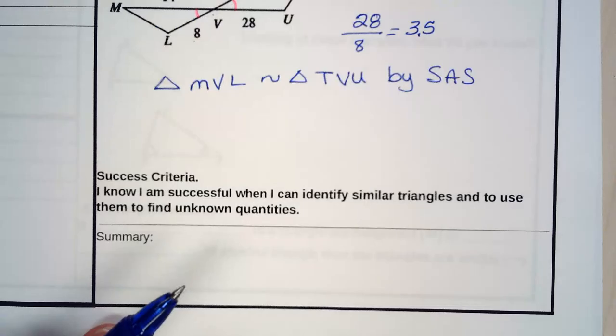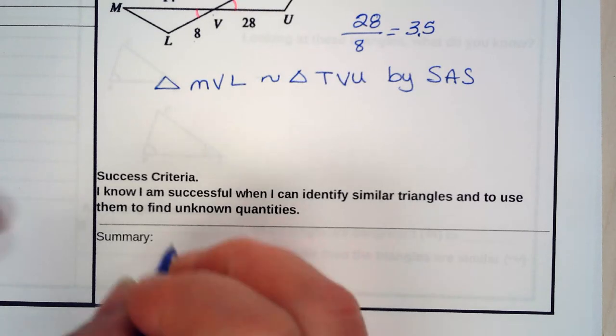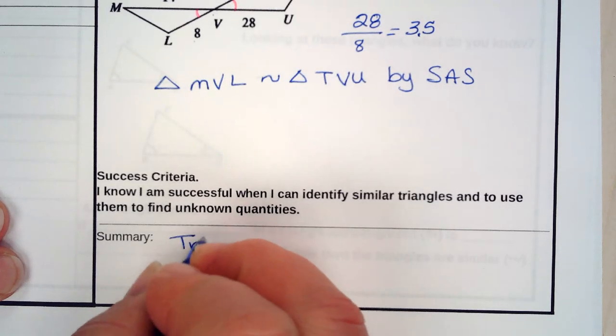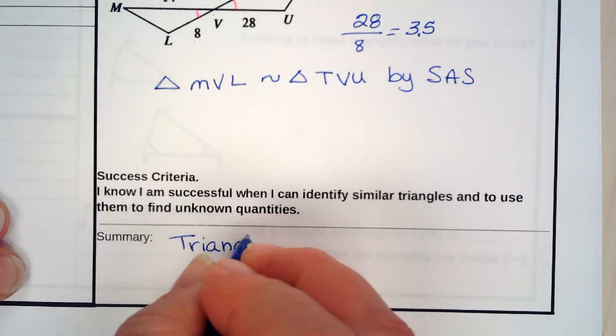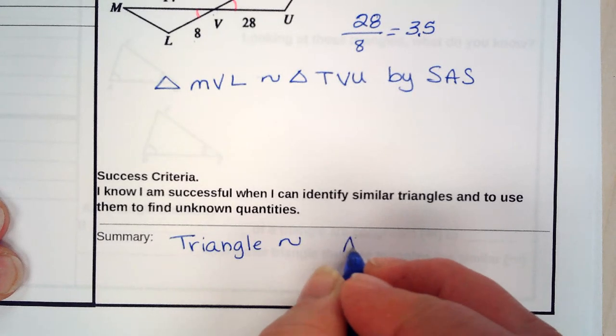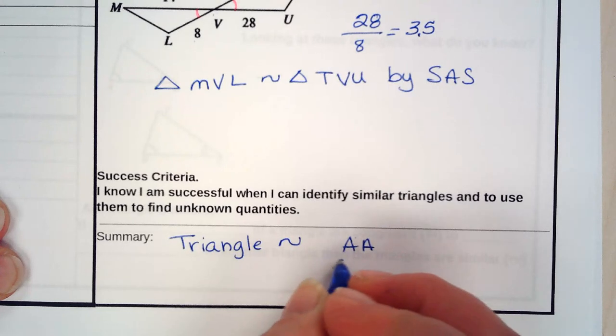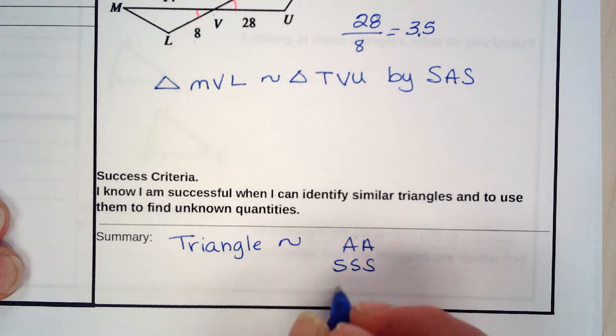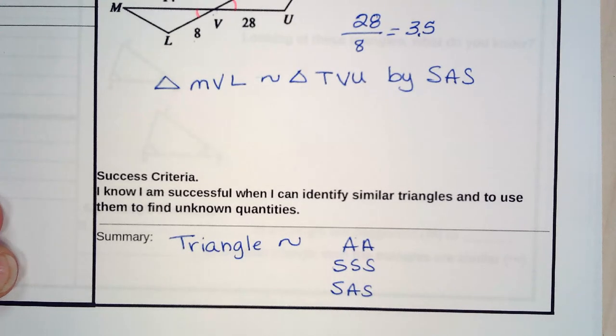So how do you know you're successful? When you can identify similar triangles and use them to find unknown quantities. So this is triangle similarity. You've got your angle, angle, your side, side, side, and your side, angle, side. For the sides, they've got to be in the same proportions.